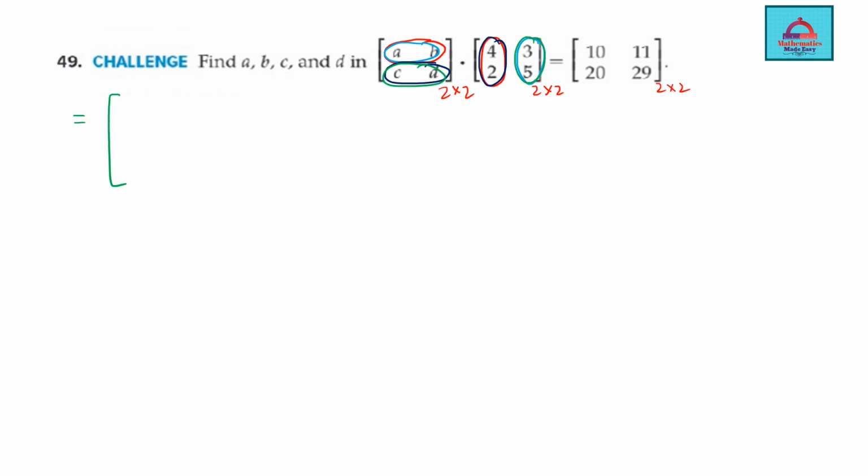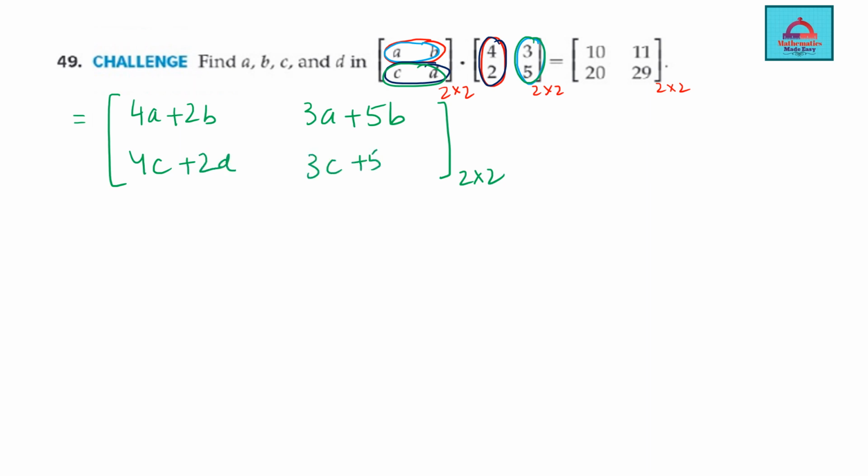So let's do A with 4 is 4A, B with 2 is plus 2B. So 2 cross 2 will also give you result as 2 cross 2. Okay, A with 3 is 3A plus 5B, 4C plus 2D, and similarly 3C plus 5D. All of this is equal to 10, 20, 11 and 29.